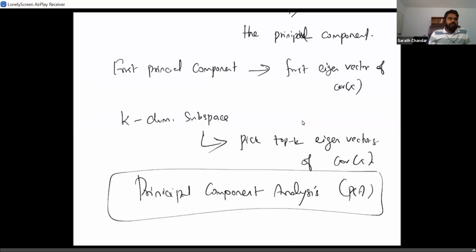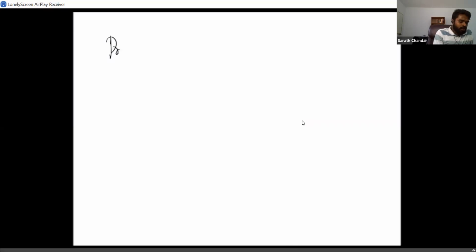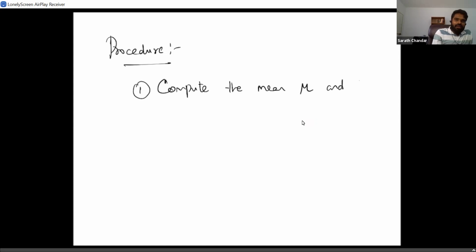Okay, so let me summarize the algorithm. Here's the procedure if you want to implement PCA. Basically, you will first compute the mean, mu, and the covariance matrix S of the data.